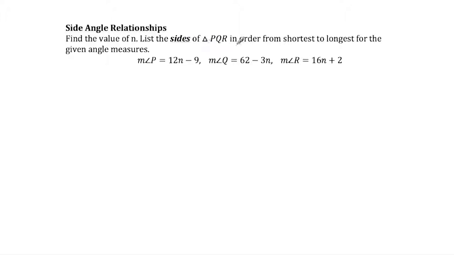So if I have this triangle and I'm asking for the sides in order, first off, I should find the angles. Now, these angles, I don't have the exact measurements of. However, it being a triangle, if I add all of the angles together, they must be equal to 180.